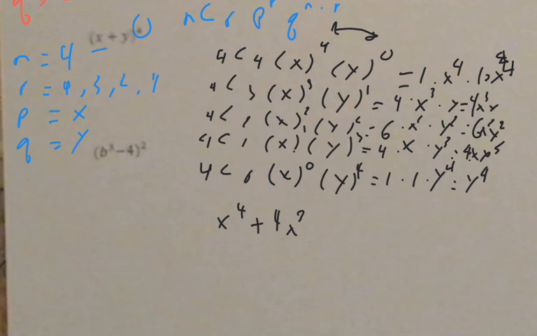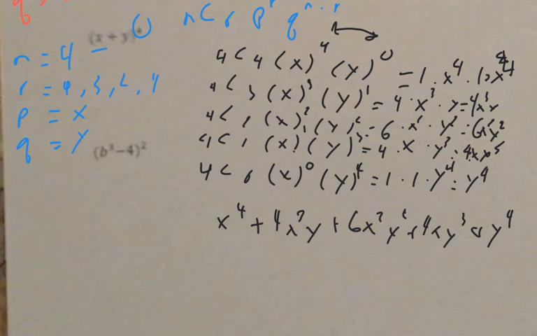That should be a y. Plus 6x squared y squared plus 4x y cubed plus y to the fourth. So using our combinations, we have expanded the binomial x plus y to the fourth power.